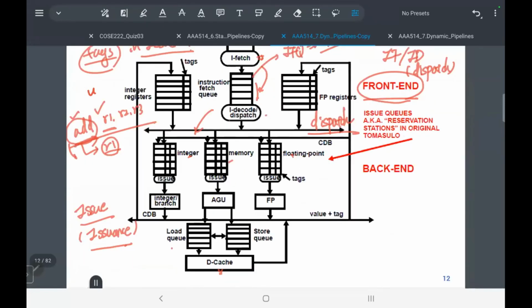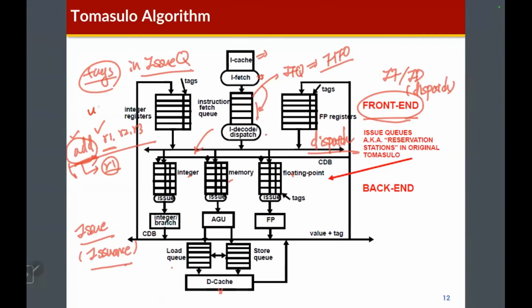It's unknown. It's already decoded and dispatched, but execution of this instruction is not completed. We don't know the actual value of R1. R1 is in the register file, but R1 is unknown until this instruction is executed.